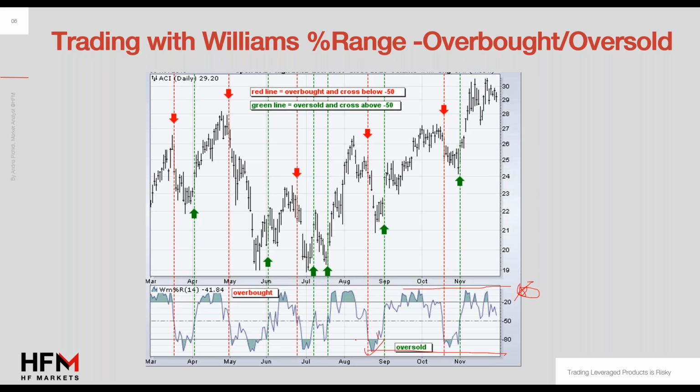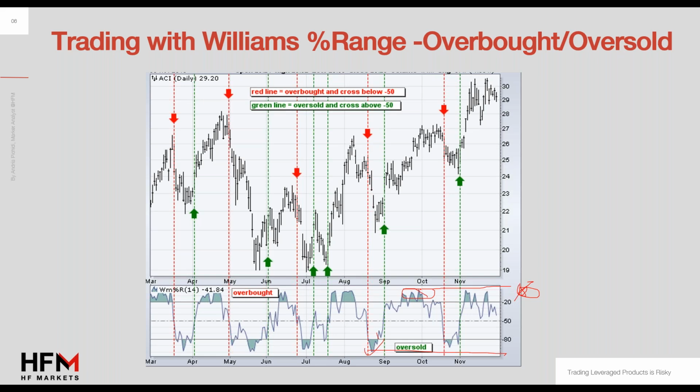Just one more thing, because it's very important. Keep in mind that an overbought reading doesn't necessarily mean that is bearish. Remember what we said about the CCI indicator as well. Assets can become overbought, but they can remain overbought during a strong uptrend.